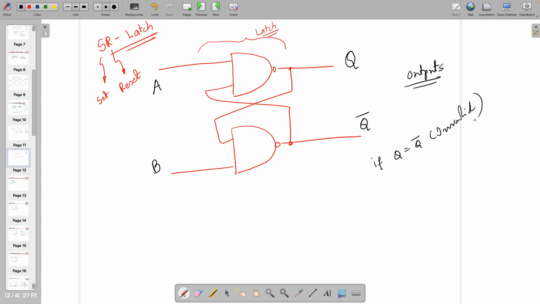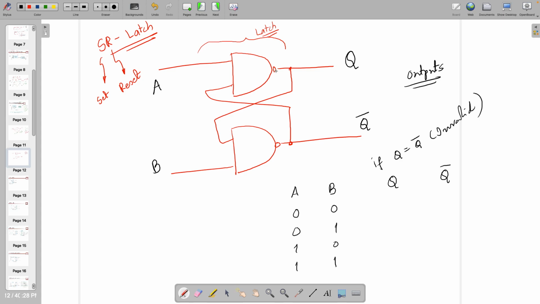Let's start. If A and B, two inputs are there, there are 4 possibilities, right? So let's write down Q and Q bar. What will be Q if both are 0? Do we know how a NAND gate works?